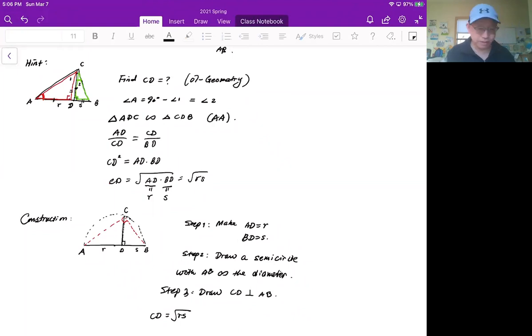So we are going to talk about a very important problem now. The next problem is the construction of the regular polygon.